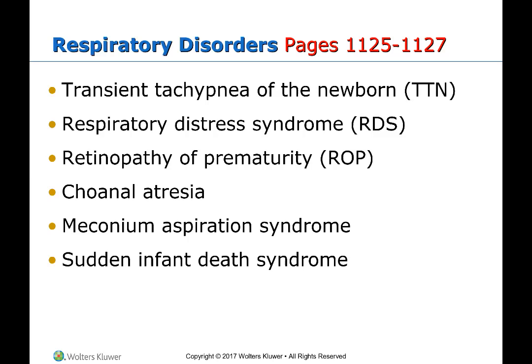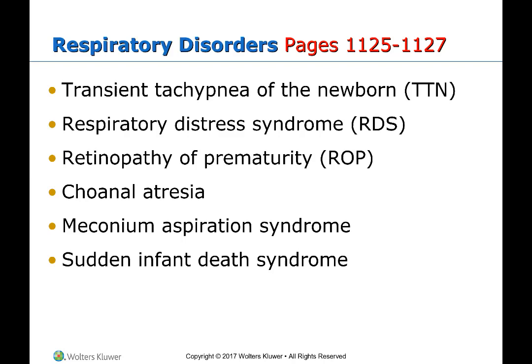So they could do ABGs, arterial blood gases are going to actually give an accurate number for oxygenation and carbon dioxide. So that would probably show low oxygen levels, high carbon dioxide levels. They could also do a chest x-ray, find out is there fluid down in the lungs?